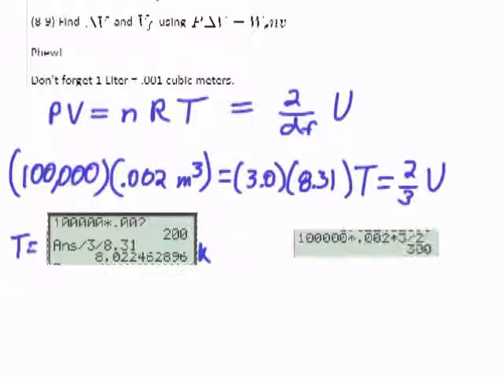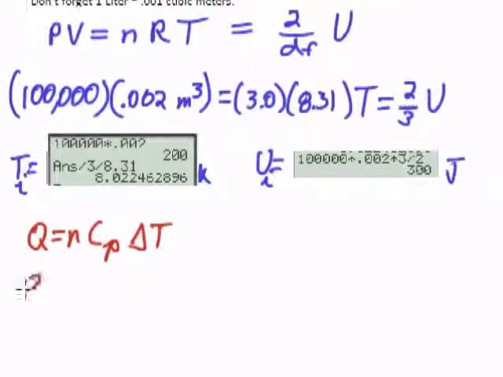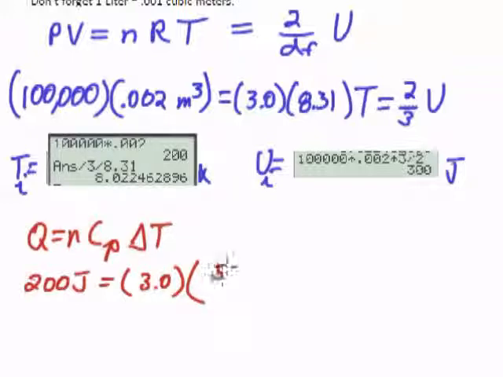And now the initial internal energy of the gas, let's call this T initial and U initial, is 300 joules. And we're going to add 200 more joules to that. We're going to find the change in temperature using Q equals NC sub P delta T. So I'll have 200 joules equal to the number of moles, 3.0 moles, and C sub P is going to be 3 halves plus 1, or 5 halves.